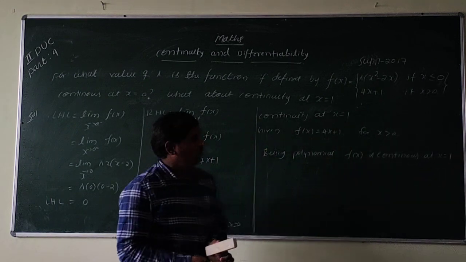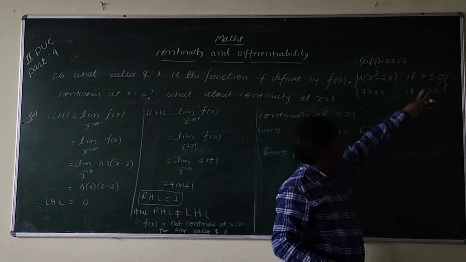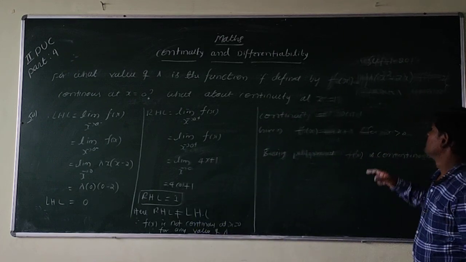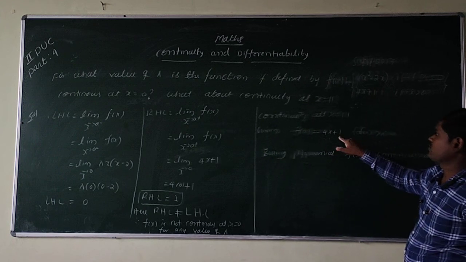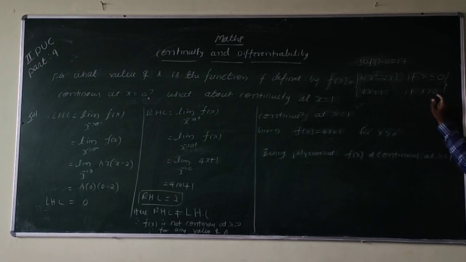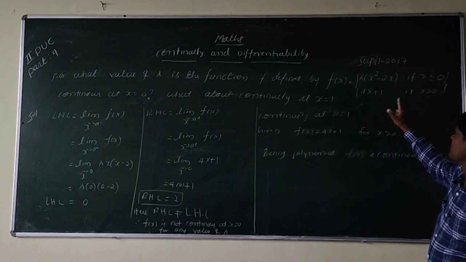F of x is continuous for all values x greater than 0 because 4x plus 1 is a polynomial function, so it is continuous. If you take x equal to 1, it is greater than 0.